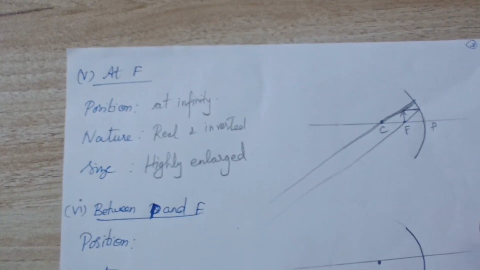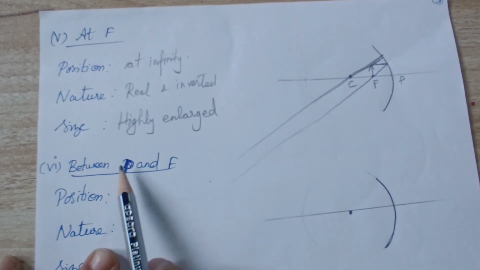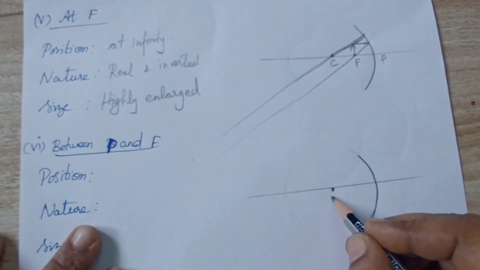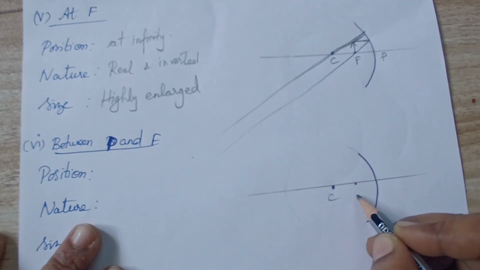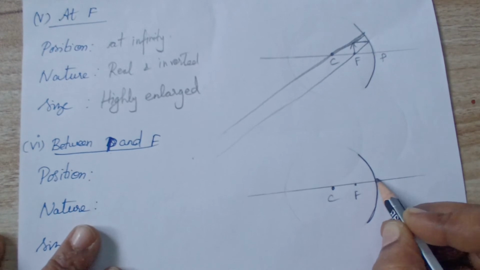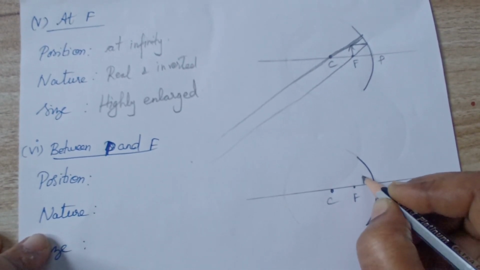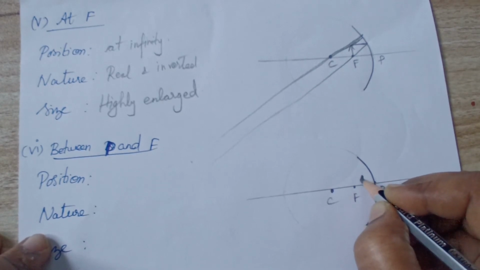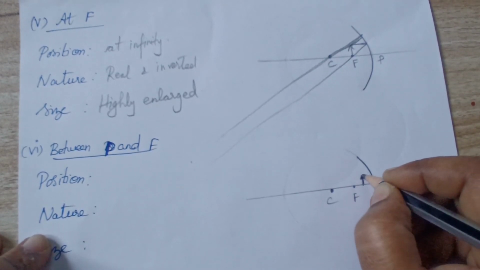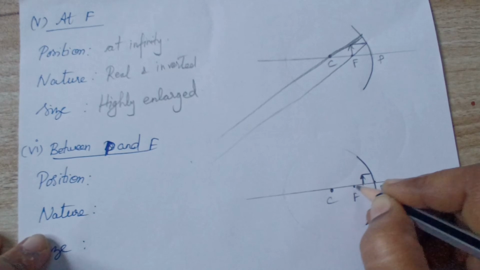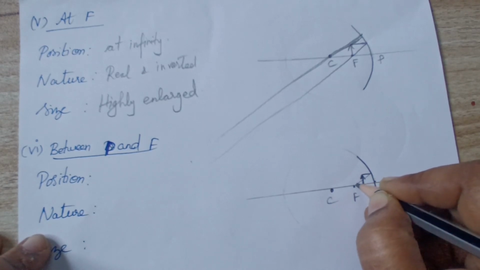Okay, next, when the object is in between P and F, see, this is your F and this is your P. So the object is in between P and F. For example, it is placed here. Draw a line parallel to the principal axis, then it will pass through the focal point.